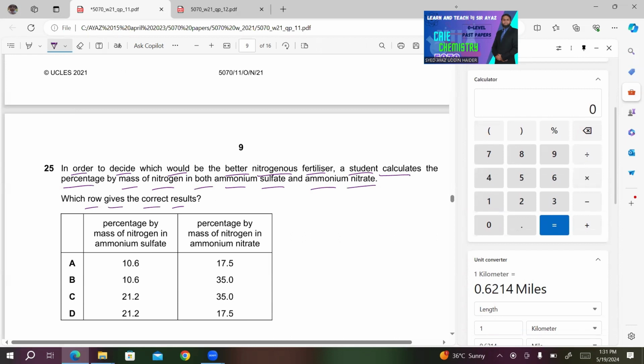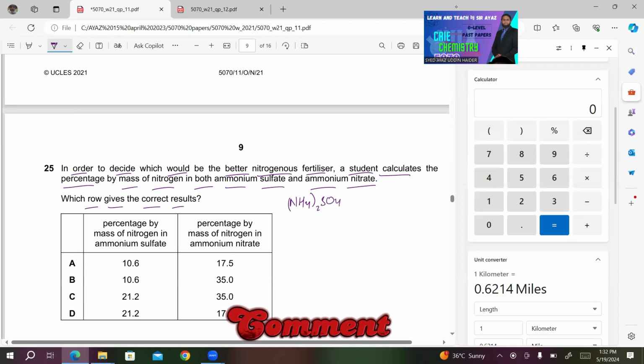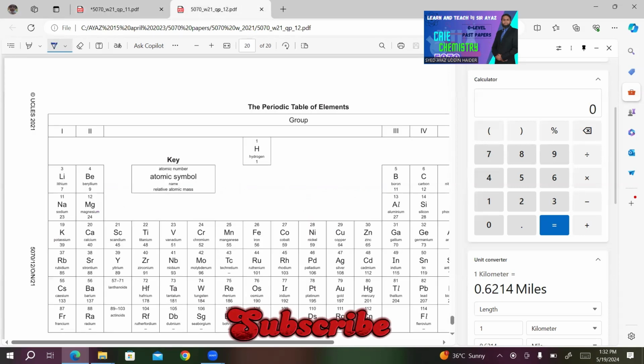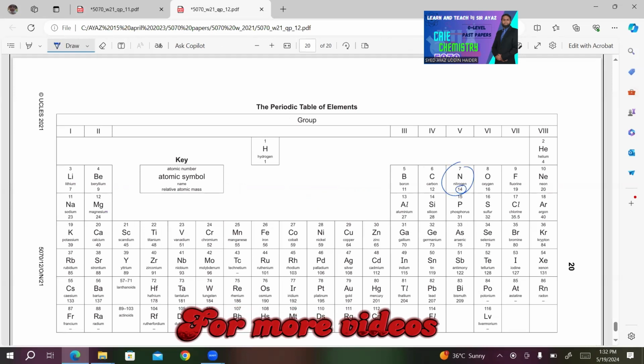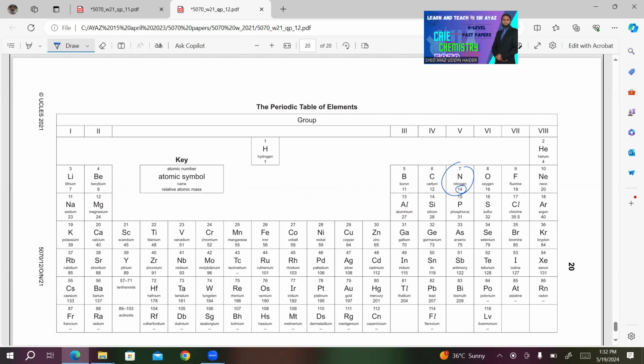The formula for ammonium sulfate is (NH4)2SO4. We need to know the MR of this first. So nitrogen is 14, sulfur is 32, oxygen is 16.